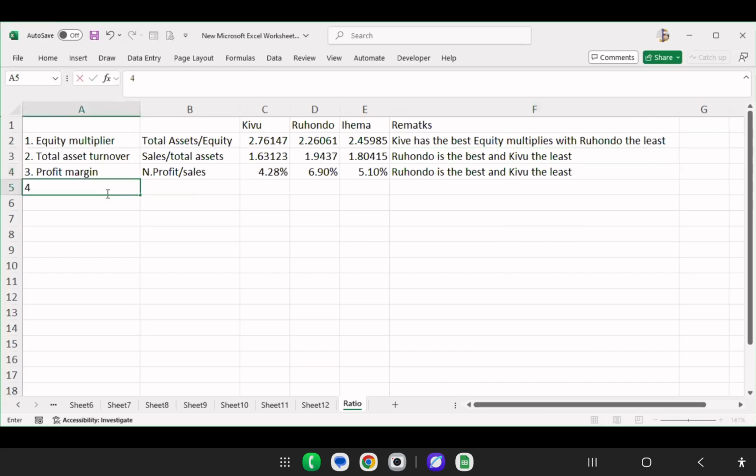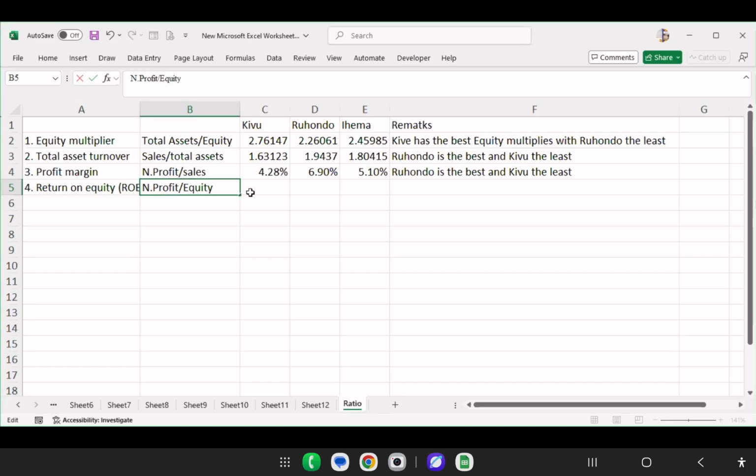Number 4. Ratio number 4 is return on equity. Return on equity is equal to net income, you divide by the equity.